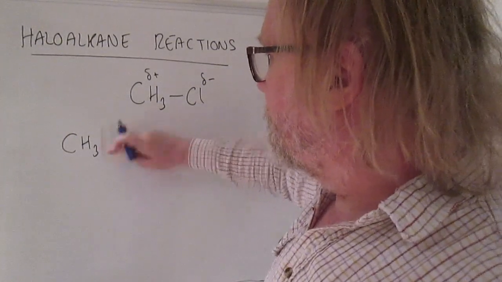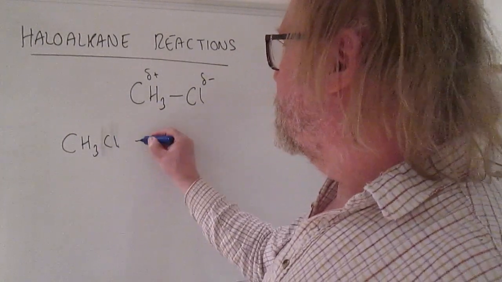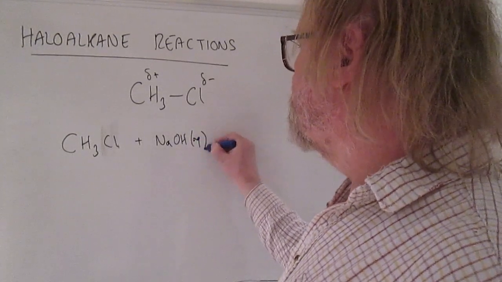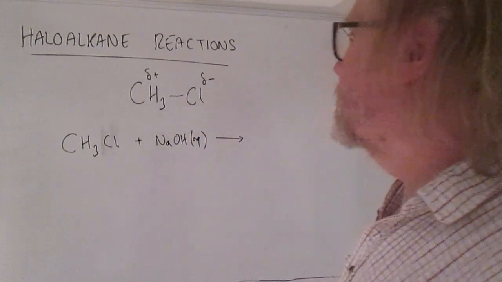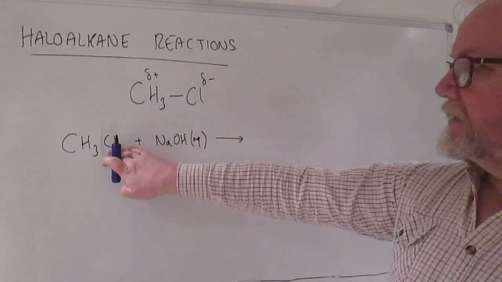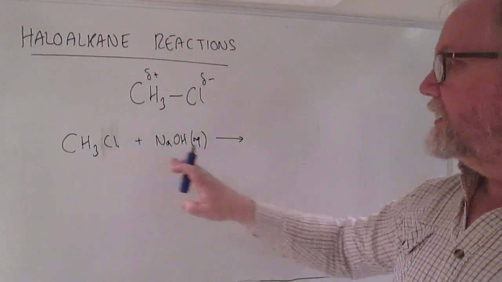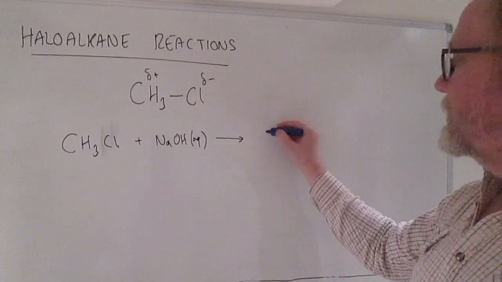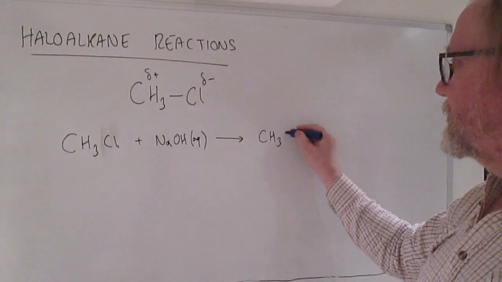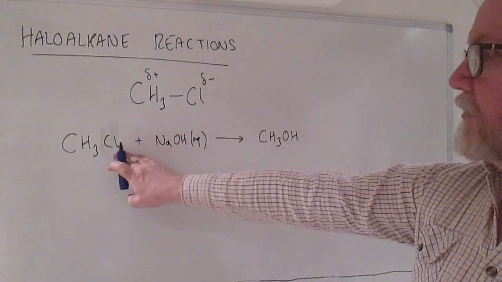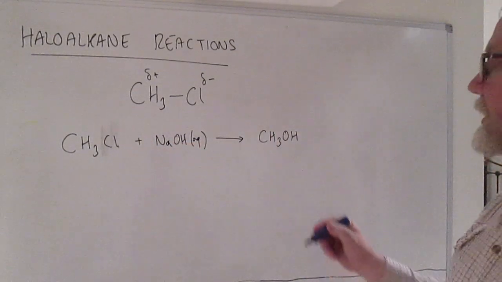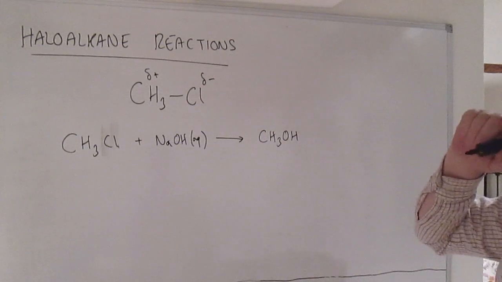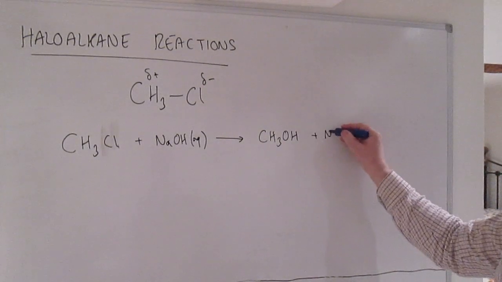So if we take our chloromethane and we add aqueous sodium hydroxide, we get a substitution reaction in which basically a Cl- ion leaves and an OH- ion replaces it, and so we get a substitution in which the halo group is replaced by an OH group, and we get sodium chloride as the other product.